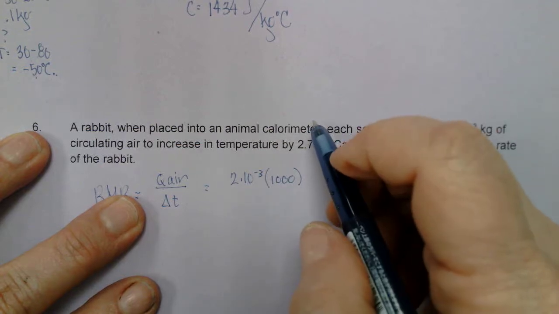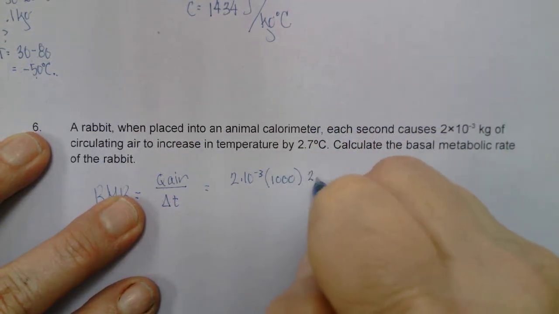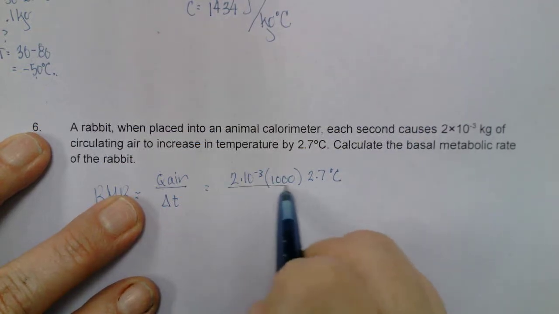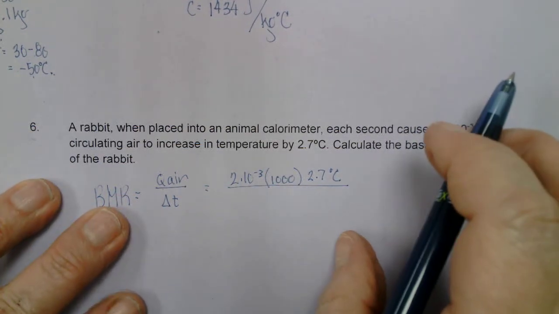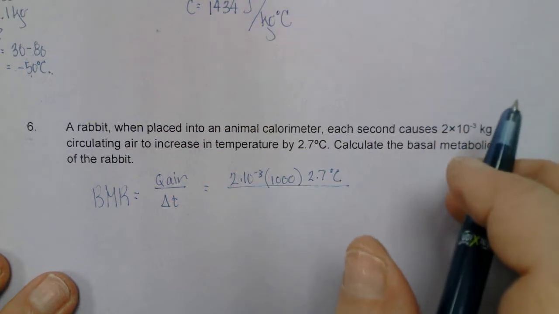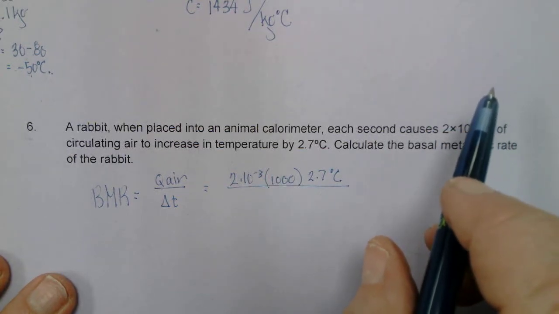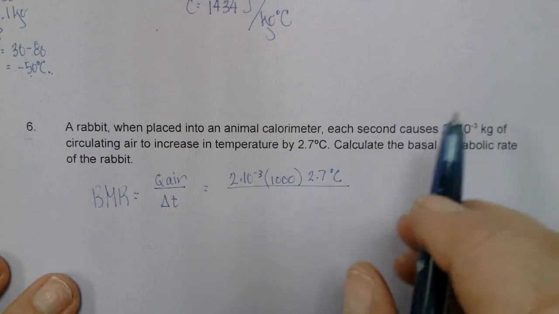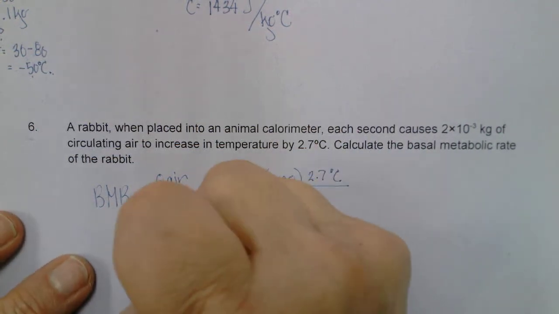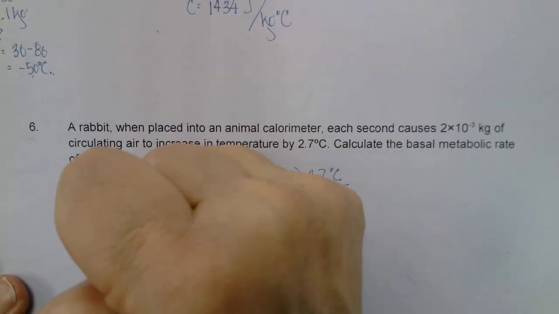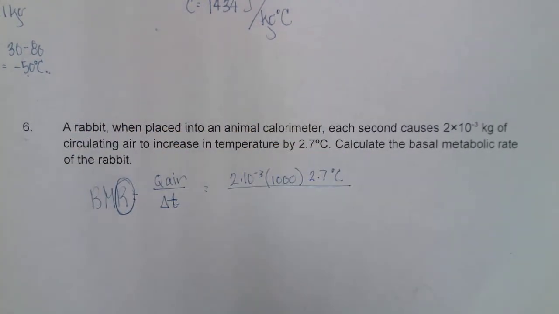ΔT is going to be 2.7 degrees Celsius, all over the change in temperature, which is, I'm sorry, my delta T is delta time. Can I backtrack here? This is rate. I'm thinking ahead, and I should not have been doing that. I should have been concentrating on what I was doing.